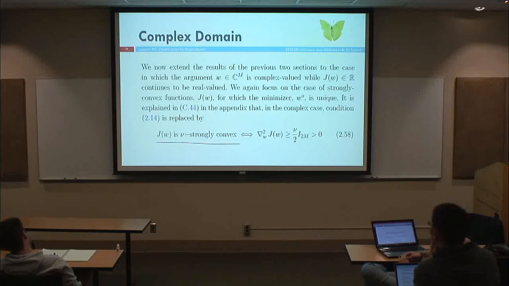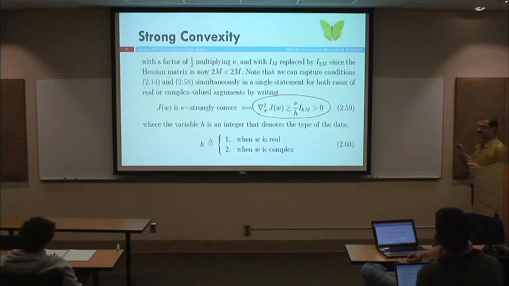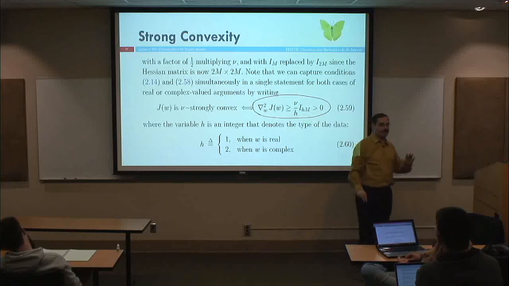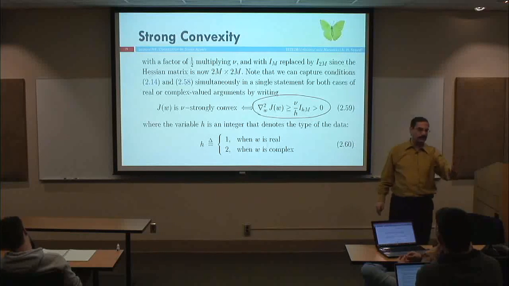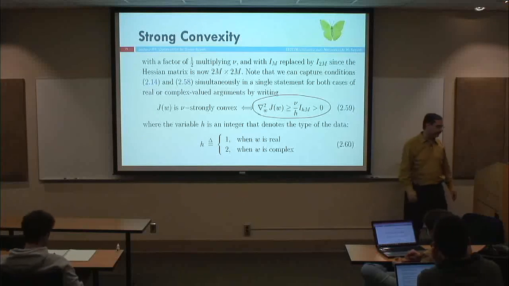So my function is strongly convex in the complex case, so it will be lower bounded by nu over 2. Earlier in this lecture, I talked about the real case that was lower bounded by nu. So from now on, I'm going to write the strong convexity condition in this manner, where H is the type variable. If you are dealing with real data, put 1. If you are dealing with complex data, put 2. Then we don't have to worry anymore about this.